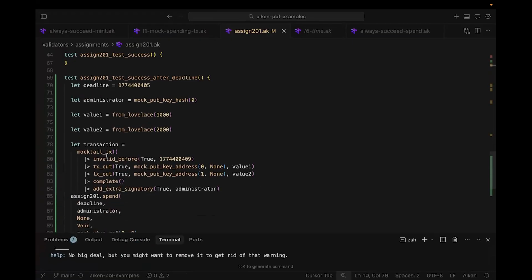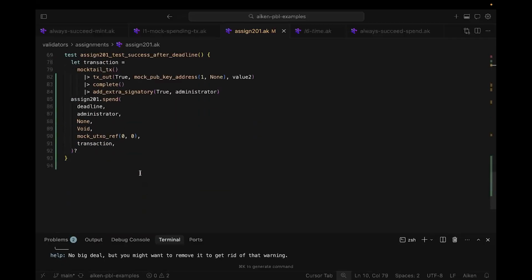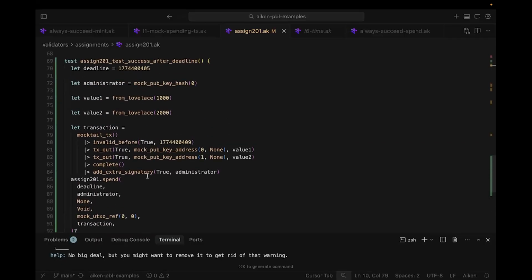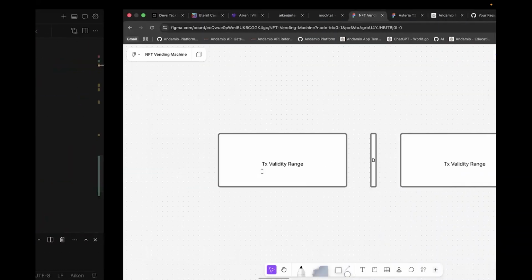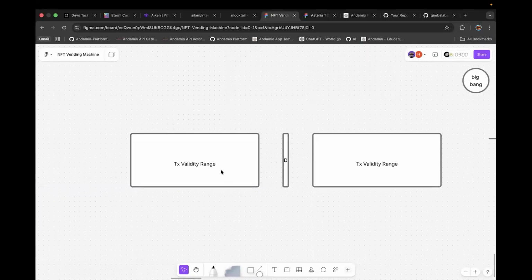Change it to invalid before, because we added the extra signatory due to our logic, so that's success. Hooray! But this time thing is extremely confusing for me. Gideon cleared it for me.